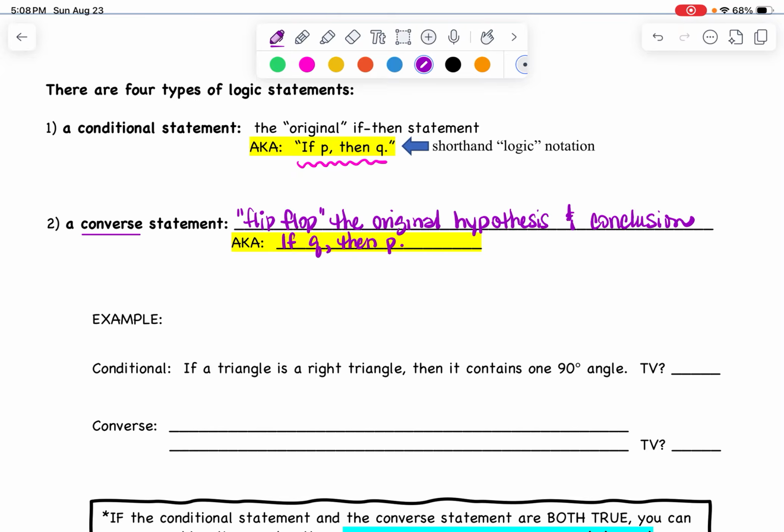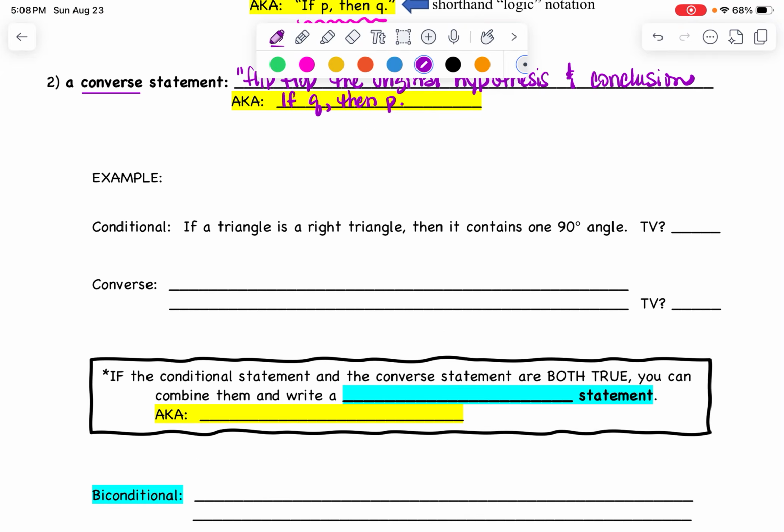All right, so here we go. Let's go look at an example of a converse, or we're going to write a converse. So the original conditional here is if a triangle is a right triangle, then it contains one 90-degree angle. And then you'll notice over here, I'm asking for the truth value. Well, of course that's true. That's literally the definition of a right triangle, is that it contains one 90-degree angle.